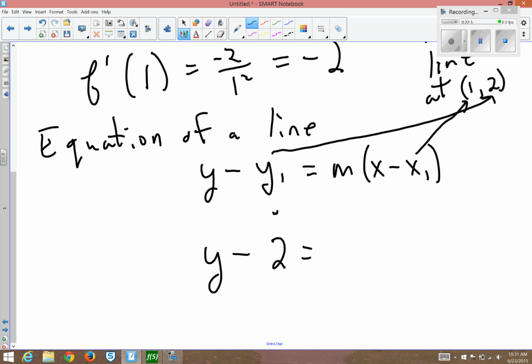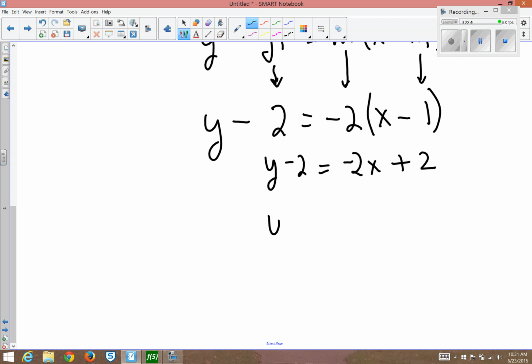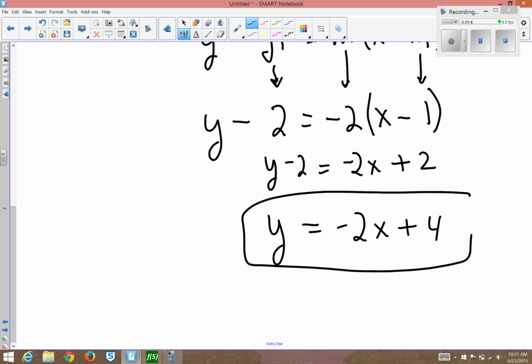M means the slope. The slope means the derivative. That's what we calculated right up there. Parentheses x minus 1, because it's at the point where x is 1. When x is 1, y is 2, and this number is the slope. So y minus 2 equals negative 2x plus 2, distributing. Add 2 to both sides, and that is the equation of the tangent line.